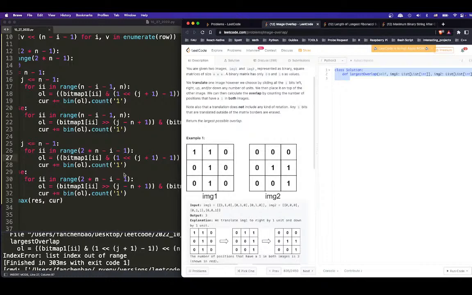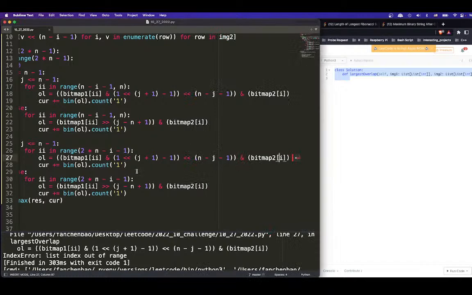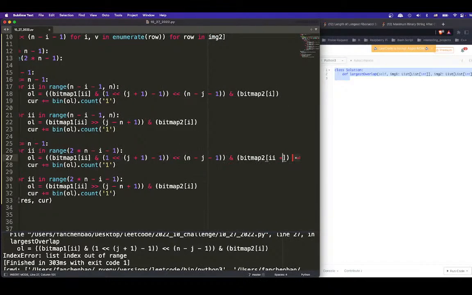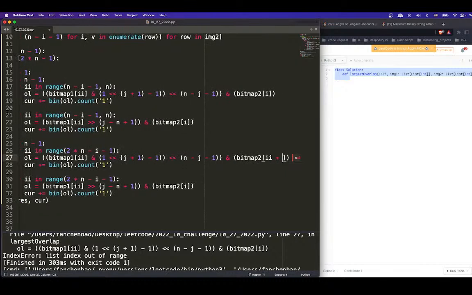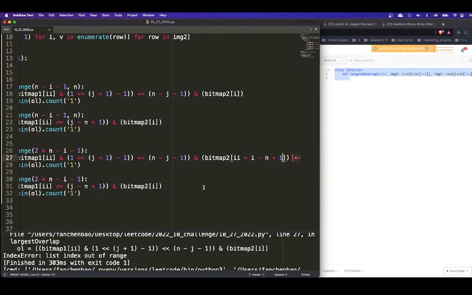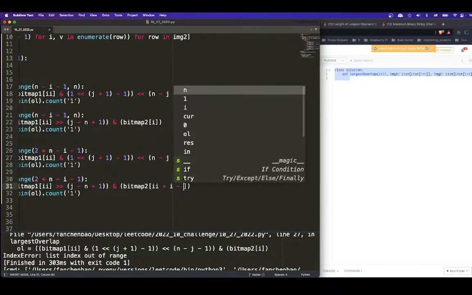So it should be II plus I minus n plus 1, because I minus n plus 1 is how many are at the bottom. And then II, if it's 0, we have to add 1. So it has to be II plus I minus n plus 1.